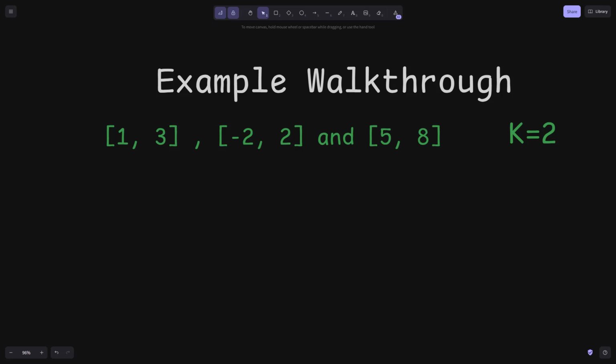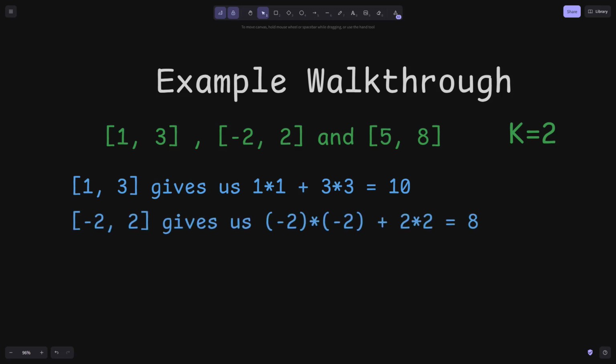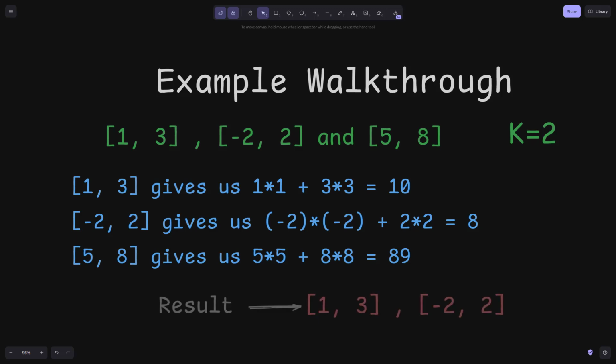For this, we would calculate the square distance for each point. For first point, 1, 3, the square distance will be 10. For second point, minus 2, 2, our square distance would be 8. And for third and last point, 5, 8, the square distance would be 89.